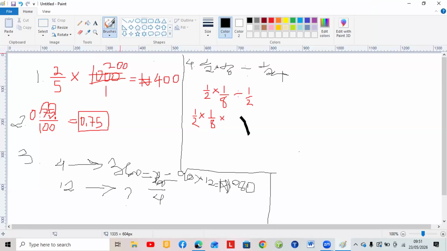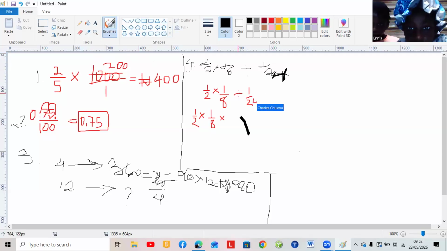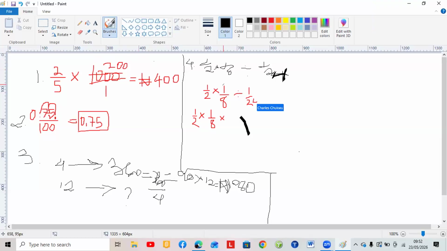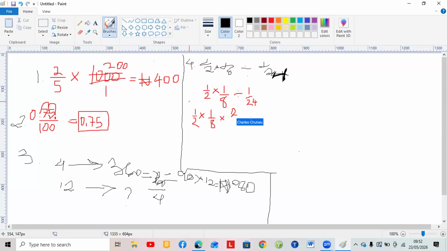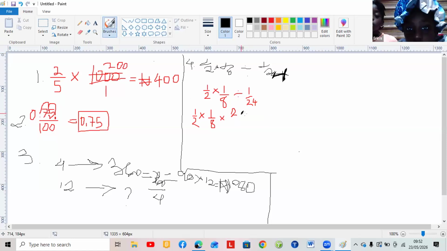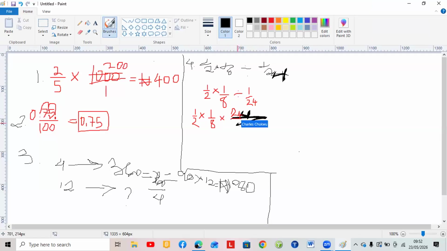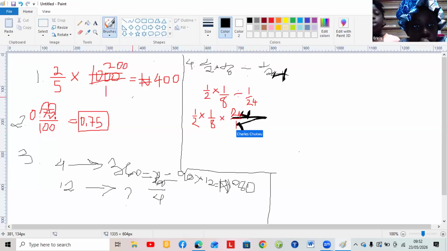I wrote 1/24. So this is 1/24. Now, if I change division to multiplication, will that 1/24 stay as 1/24? No, sir. It will become what? 24 over 1.